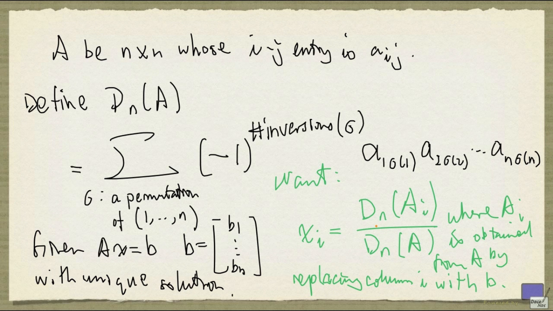But we really want this to be true for all n, because otherwise this definition doesn't really extend the pattern. It turns out that this is true, and this is what is known as Cramer's rule.